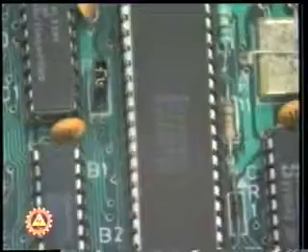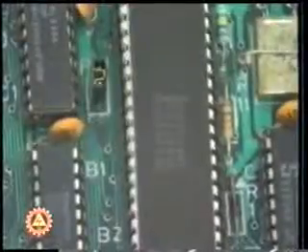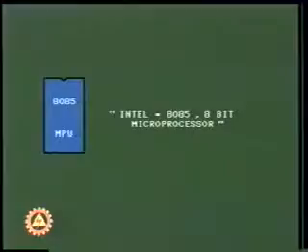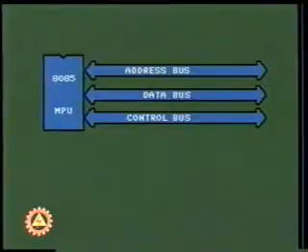Keeping into consideration the technical specifications of the system, we now define various hardware blocks which have the capabilities to achieve the defined technical specifications. We use popular 8-bit microprocessor Intel 8085 and interface various devices with it using its address, data and control buses.